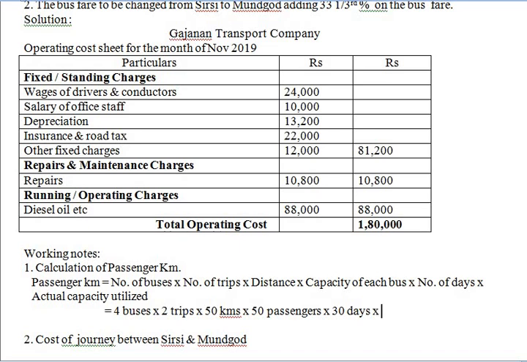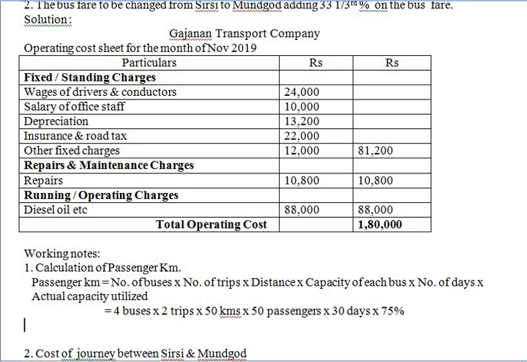So they have given 25% empty. When it is 25% empty means 75% full. So 75%. Okay, which will be equal to, calculate this, it will be 4,50,000 kilometers, right? Yes, now passenger kilometer also we have calculated.